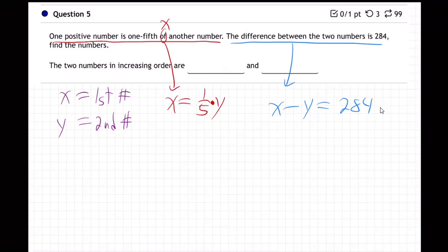Oh, this one has a trick. I'm just realizing now the trick. Which one of these numbers is bigger? Can you tell? If I subtract two things and get a positive answer, which number is bigger, the number in the front or the number in the back? Front.